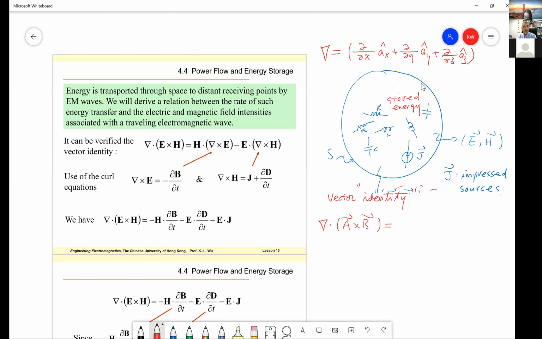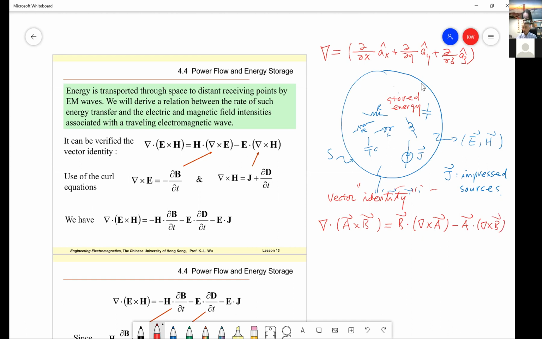If you have two vectors cross multiplied, then take the divergence, then what is that equal to? All right.